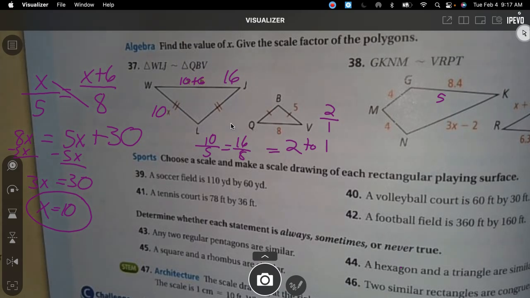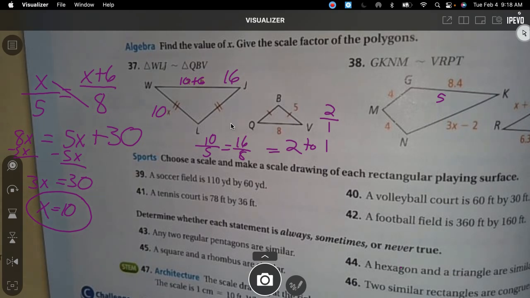Okay, let's do 38 just for a little bit more practice. Anybody writing? Yeah. I'm trying to make sure. I don't think it asks for the scale factor on here. It just says find x. Okay, that's doable.